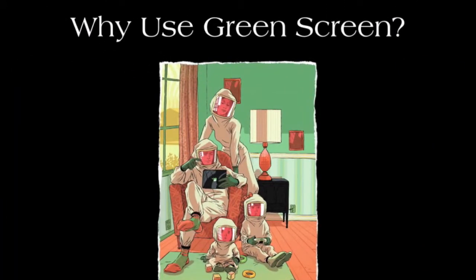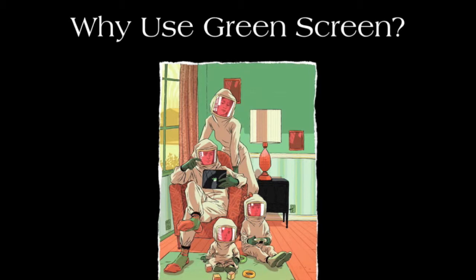Also, for why to use green screen, it's a lot safer. Now, sometimes our students drive us crazy and we want to throw them off buildings, or we want to shove them in front of rampaging bulls running through the streets of Pamplona, but we're not allowed to do that.